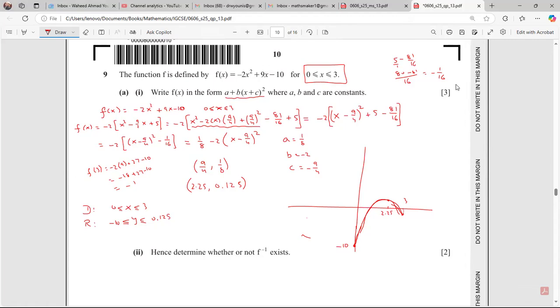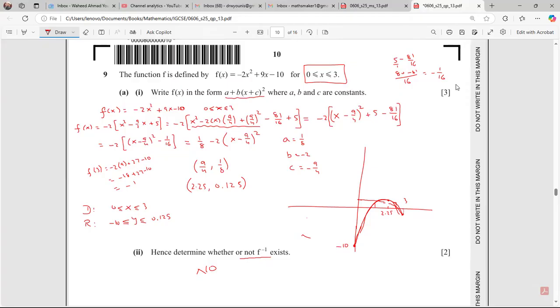But you can see this is not a one-to-one function. This is many to one. So for example, this value of x will give you this value of y, and the same value of y I will get for some other value of x as well. So since this is not one to one, this f inverse does not exist.